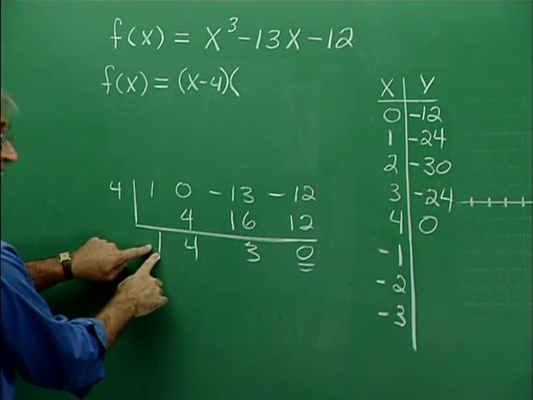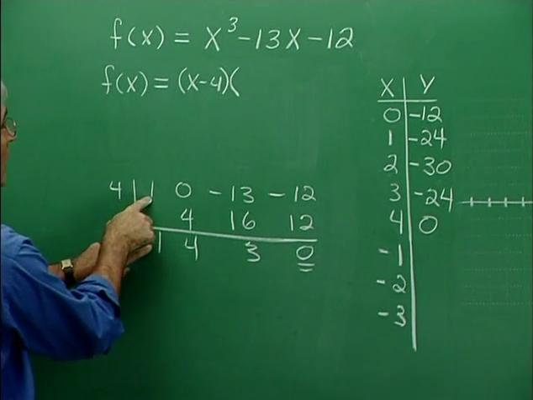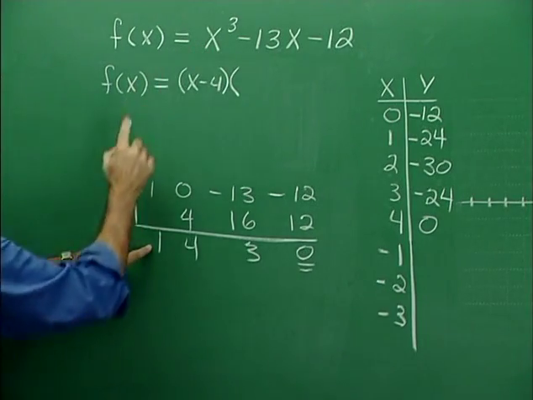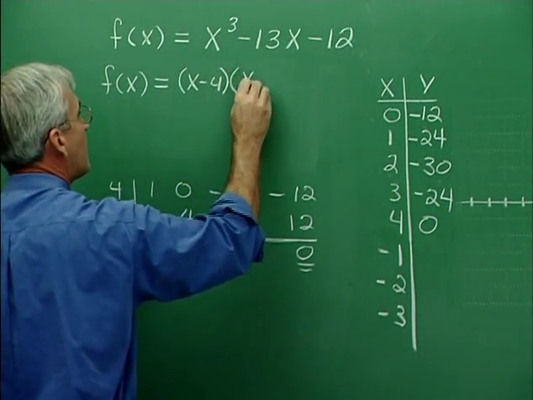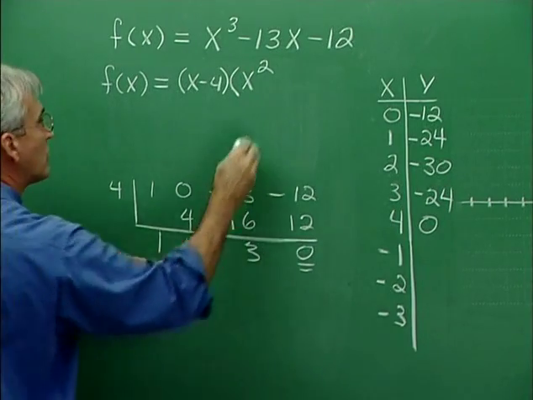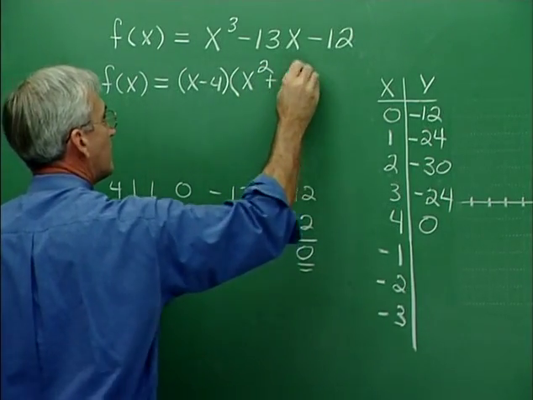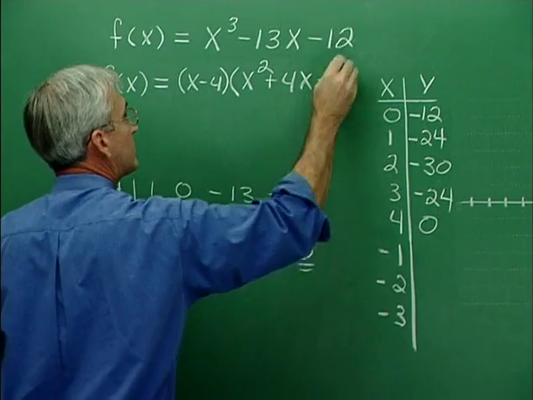This is 1x to an exponent 1 smaller than that, which is 1 smaller than this, so it's simply x squared. And then plus 4x, and then plus 3.